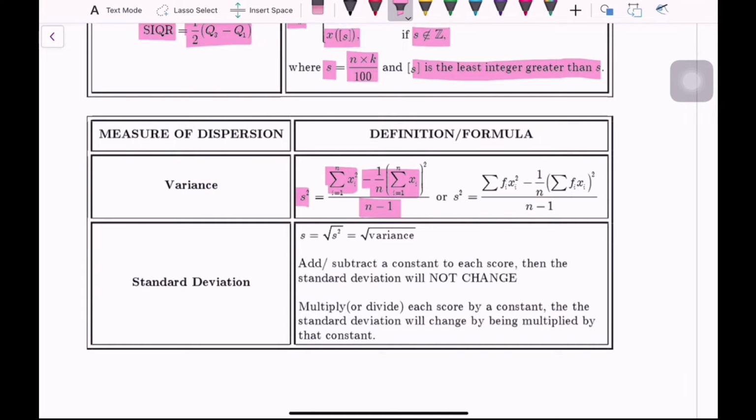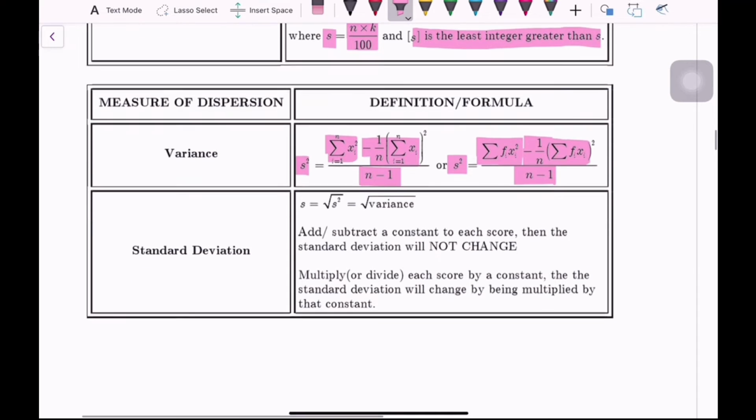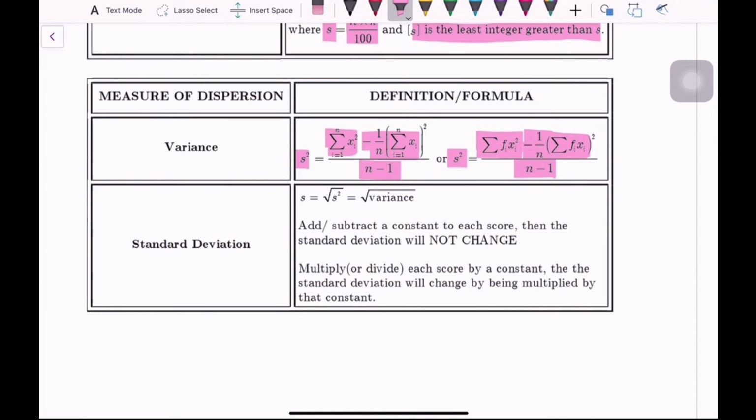If the data is in the form of a frequency table, variance is sum of fx squared minus 1 over n times sum of fx, squared, over n minus 1. Then, to find the standard deviation, symbol S, it is the square root of S squared, or the square root of variance.